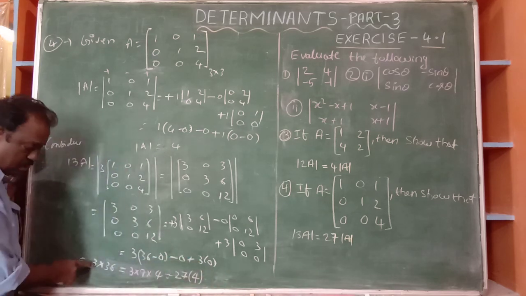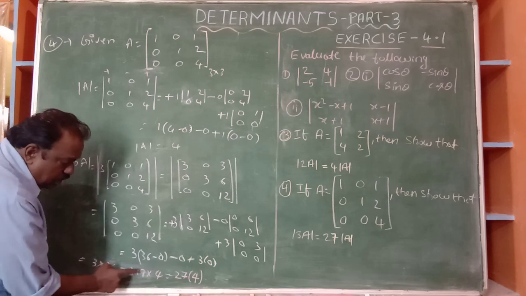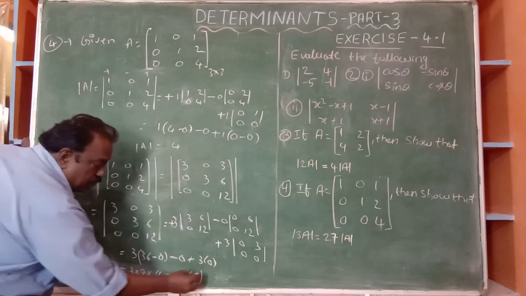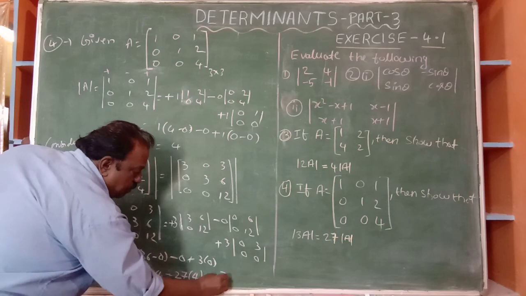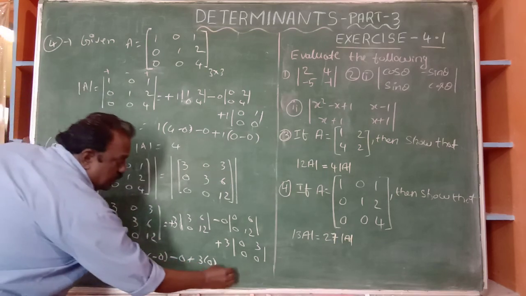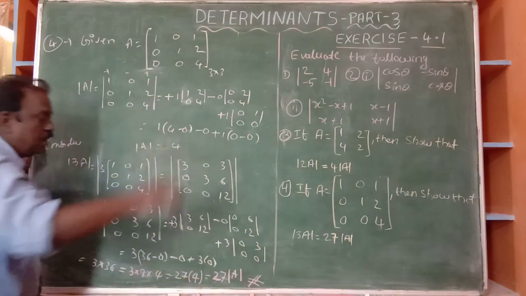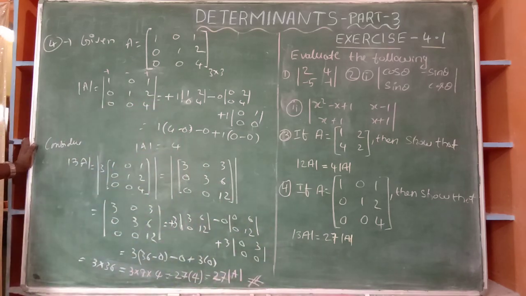You see 3 into 36. That 36 is 9 fours. 3 into 9 is 27, that 4. This is 27. What is 4? 4 is det A. Okay? Like that we can solve. Okay? Right.